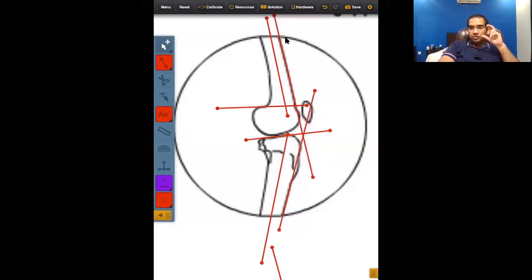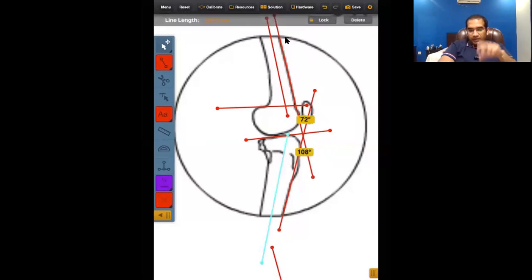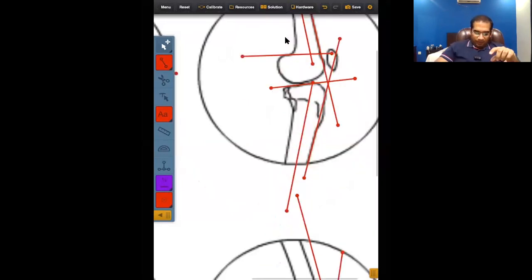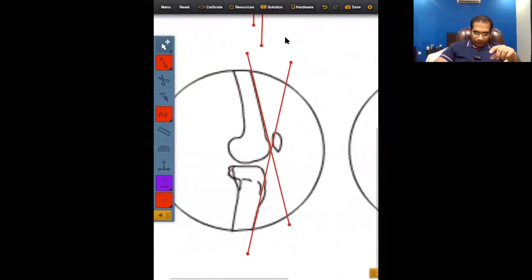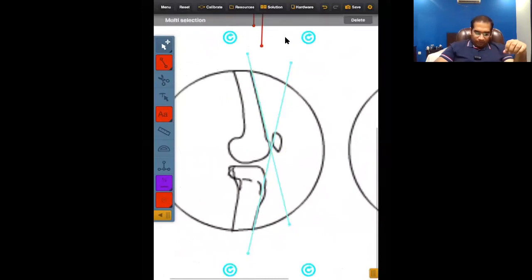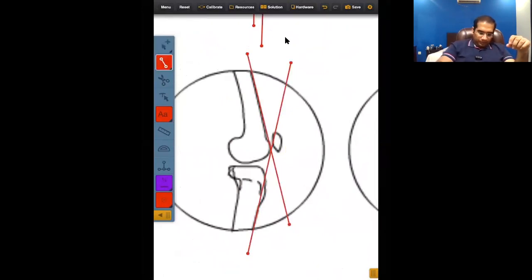So out of this 26 degrees, 10 degrees has been contributed by the tibia, and the rest 14 degrees is because of flexion contracture, the posterior soft tissue contracture. In this scenario, I can quickly draw the lines again.